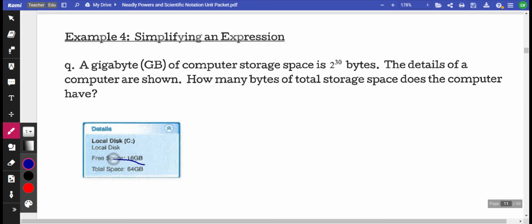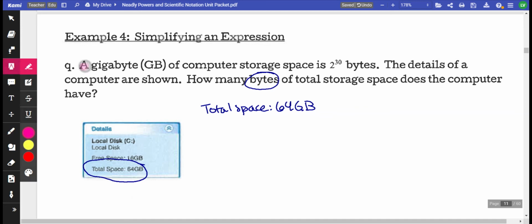Well, it's saying total storage space, so it's referring to this, 64 gigabytes. So total space is 64 gigabytes. But it's asking for how many bytes. Well, that first sentence states a gigabyte of computer storage space is 2 to the 30th power bytes.